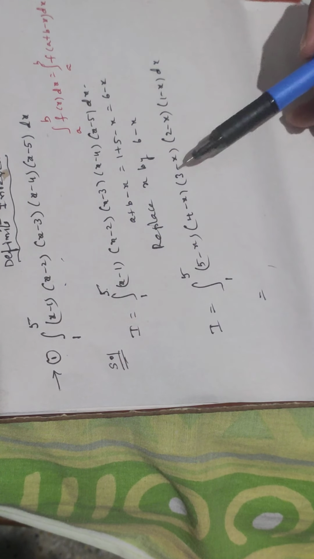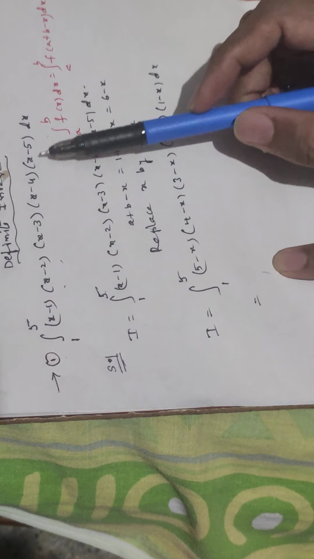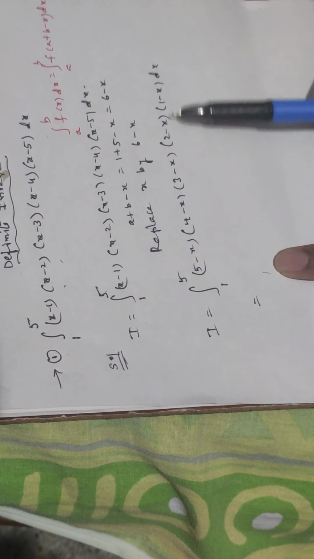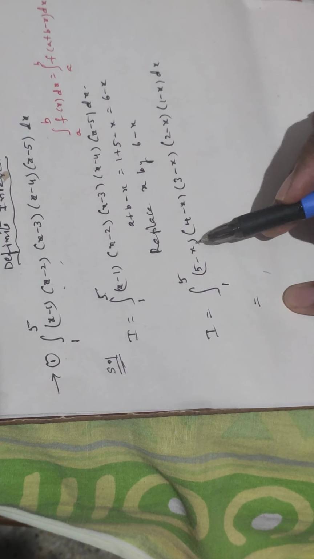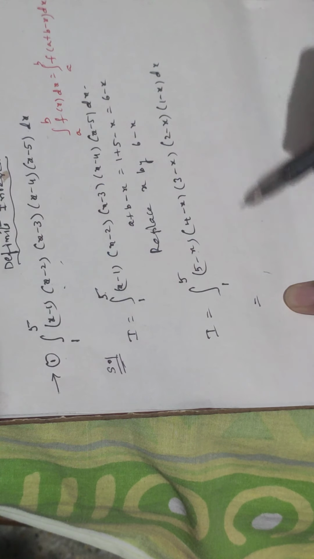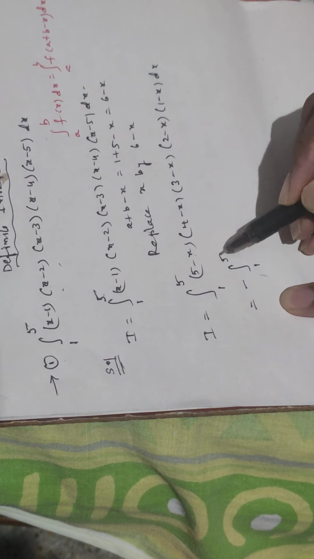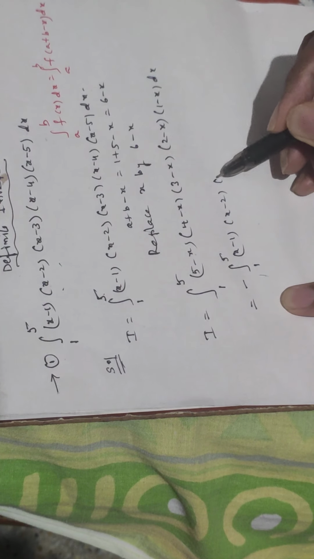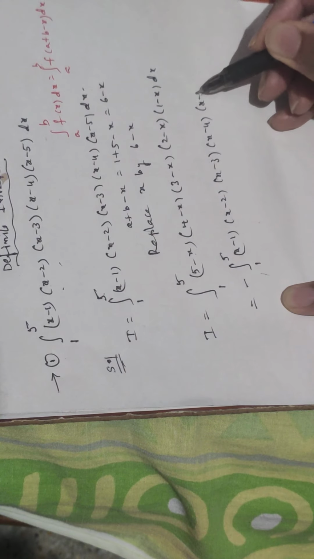By observation, this integrand is like the given integrand, but the difference is the minus sign. Here the factor x minus 5 is there, and here 5 minus x. So you have to take the minus sign common from all the factors. Totally 5 factors are there, meaning we will get 5 minus signs. Finally we will get minus integral 1 to 5 of (x minus 1) into (x minus 2) into (x minus 3) into (x minus 4) into (x minus 5) dx.